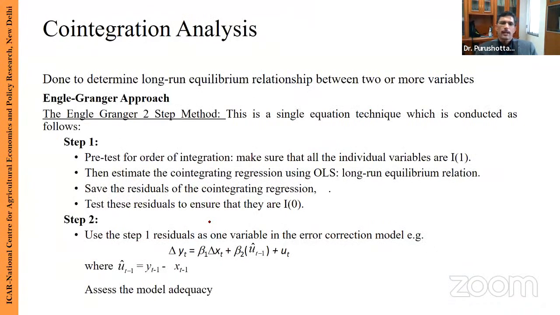As Engle-Granger proposed, a two-step method to test or determine the long-run equilibrium relationship in two or more variables. Step one involves, first, to pre-test for the order of integration.